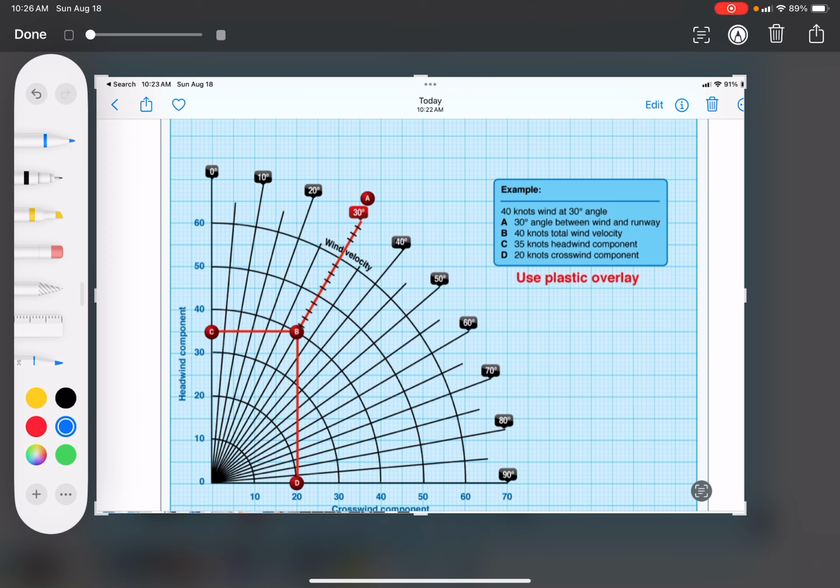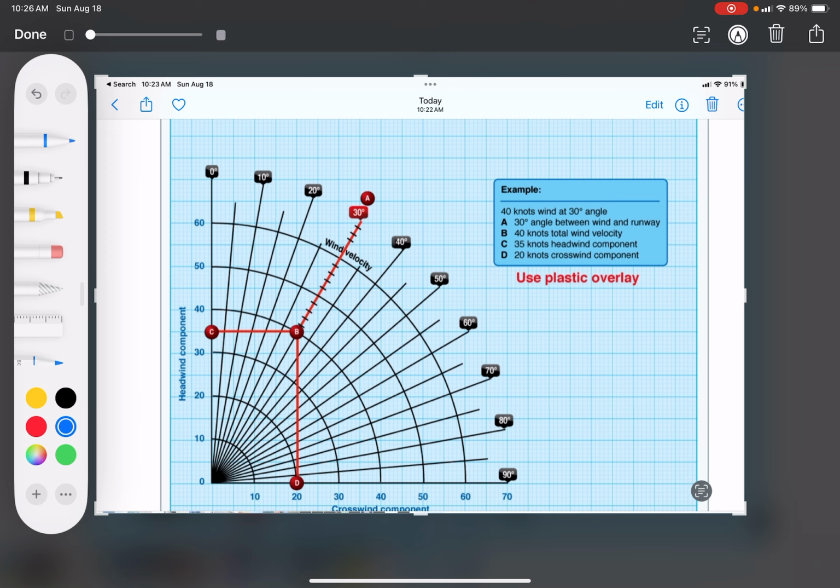Okay? And we know the wind's coming out of the south. So right away, I'll subtract 100 from 180, and I can do that in my head. I know that's 80 degrees. So that's almost a direct crosswind. 90 degrees is direct, and 80 degrees is right there as well.